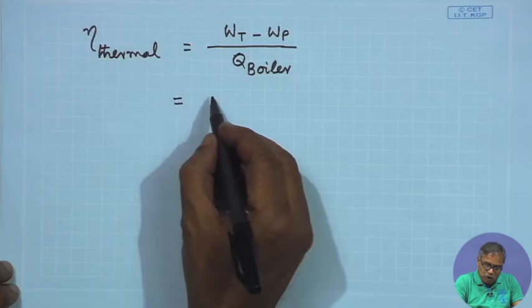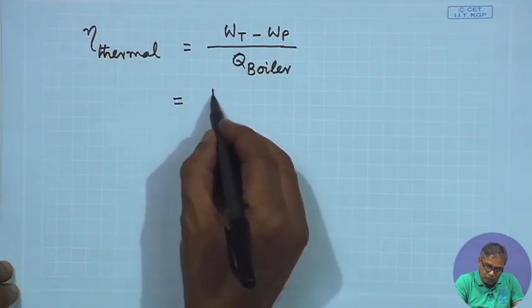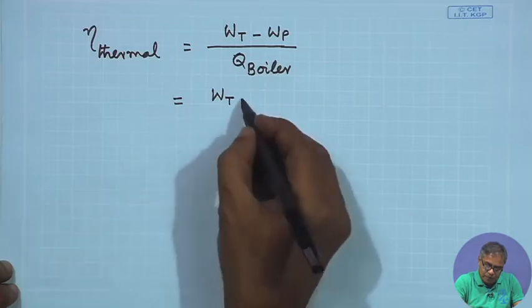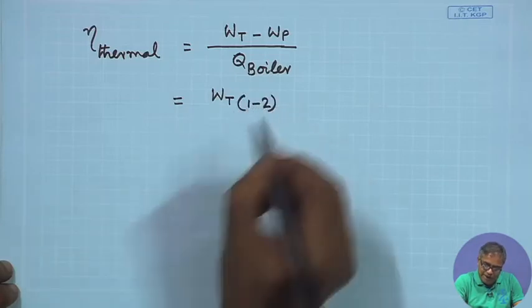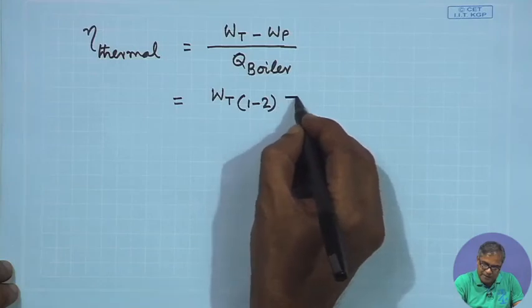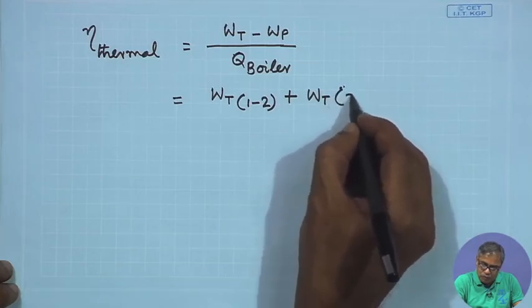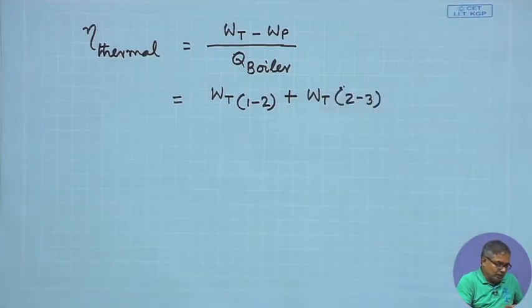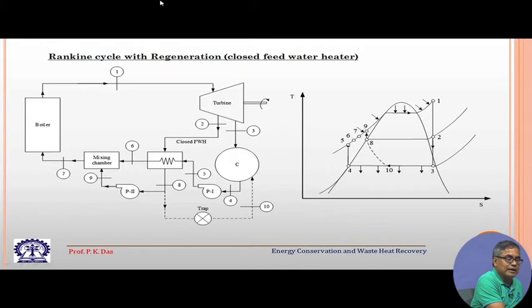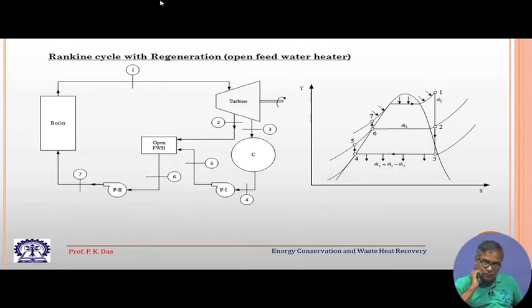From 1 to 2, W_T from 1 to 2, the entire amount of steam has expanded, and then plus W_T from 2 to 3. If we see the cycle diagram, this will be clear again that we have two work done terms. Here m dot 1 amount of mass is expanding from 1 to 2, so there will be this enthalpy difference multiplied by m dot 1.